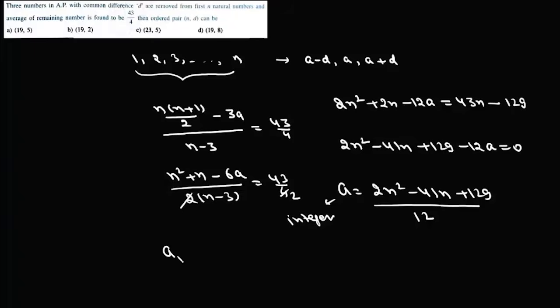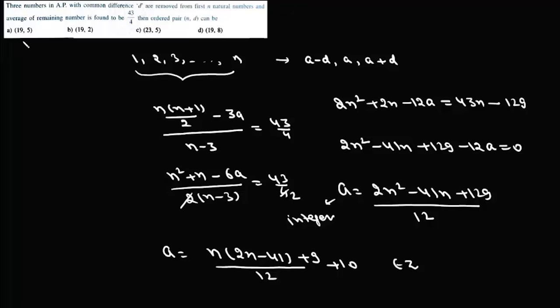We can also write this as: we'll take n common, and then it will be n(2n minus 41) plus 9, and then we write this as 120, so it will be this whole divided by 12 plus 10. It should be an integer. Now we need to find the value of n for which this a is an integer, because a minus d, a and a plus d come from natural numbers. So this a has to be a natural number.